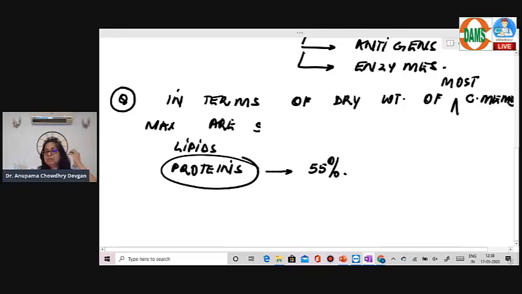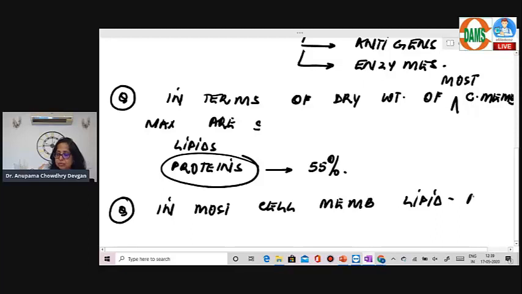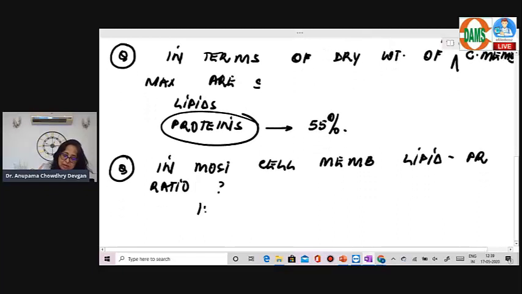Now, in most cell membranes, what is the lipid protein ratio? Is it 1:1? Or is it 1:2? Or is it 1:3? Or is it 1:4?